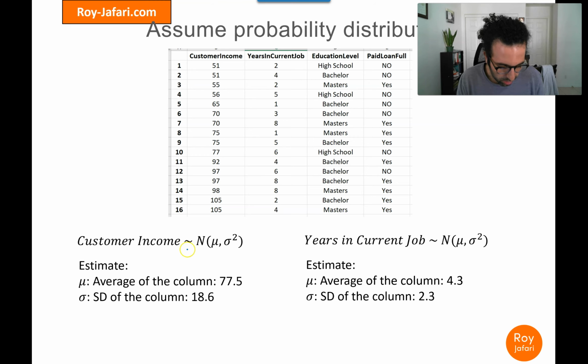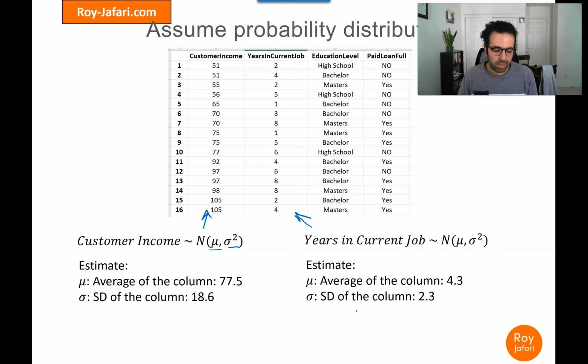We say, okay, we are assuming that customer income follows a normal distribution with mu and sigma, and we estimate mu and sigma as the average and the standard deviation of this column. The same thing for years in current job. We assume that it follows a normal distribution. Again, we take the parameters mu and sigma as the average and the standard deviation of the column.